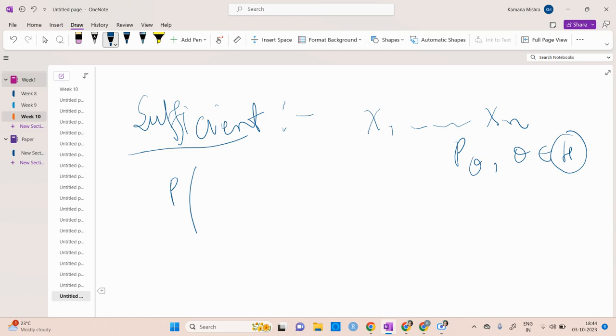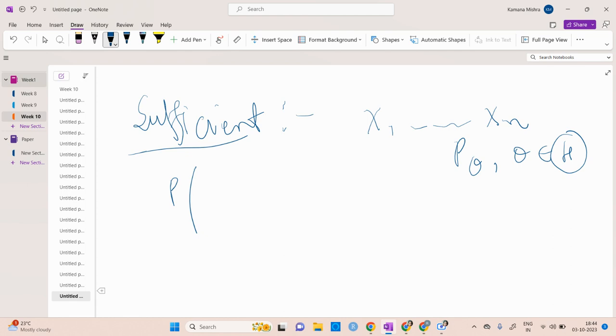P theta basically means it is coming from a parameter. Let's say it's coming from an exponential distribution, so theta is nothing but the lambda.